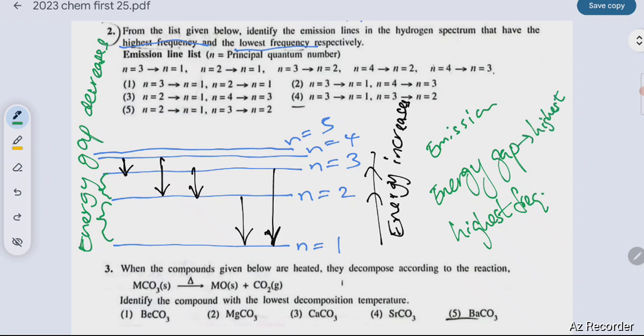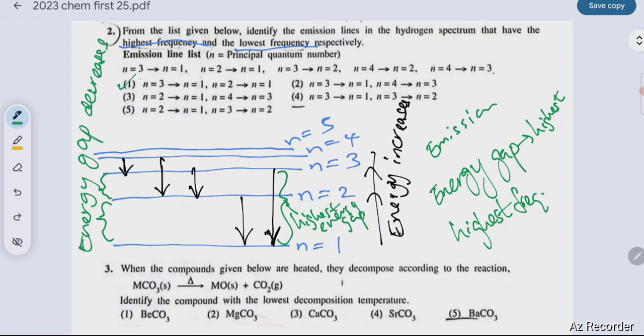So when you see these 5 emission lines, in which emission line we can see the highest energy gap? That is from 3 to 1, right? So this is the highest energy gap we can see. Therefore, this gives the emission line with the highest frequency. So the highest frequency emission line is from n equal 3 to n equal 1.